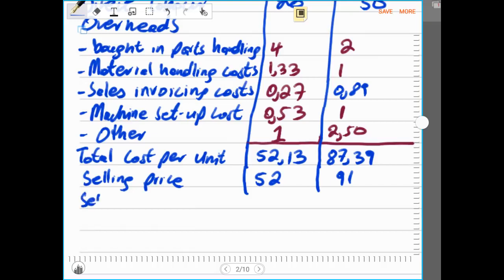Then we calculate our profit per unit, which is the last stage.